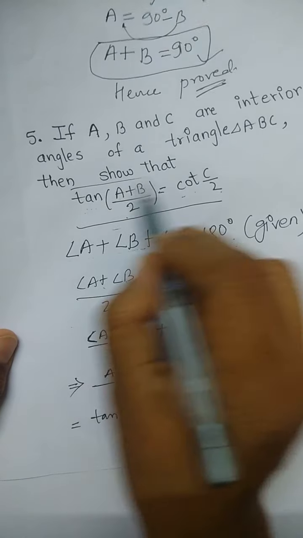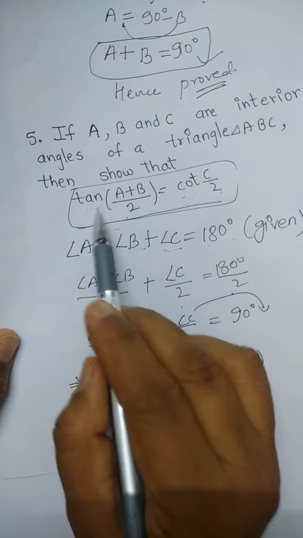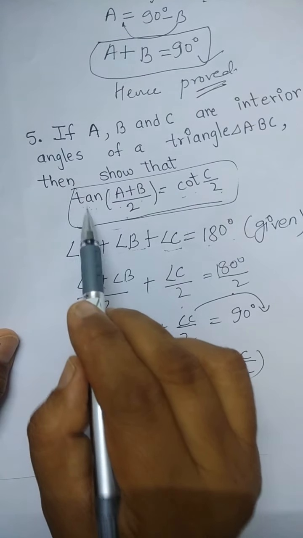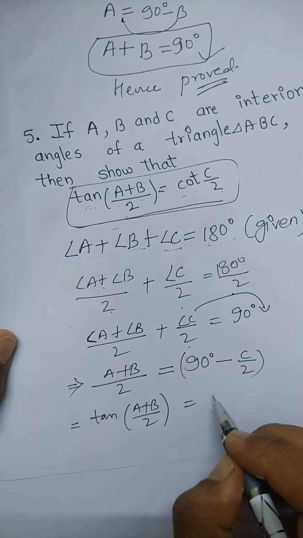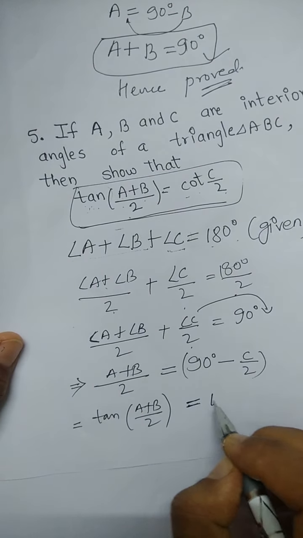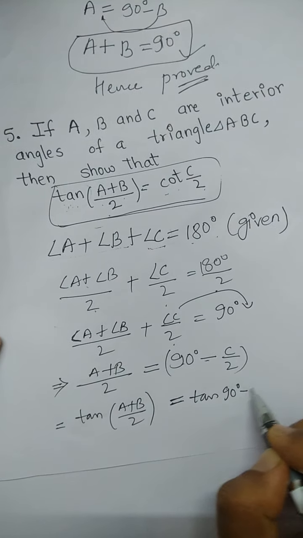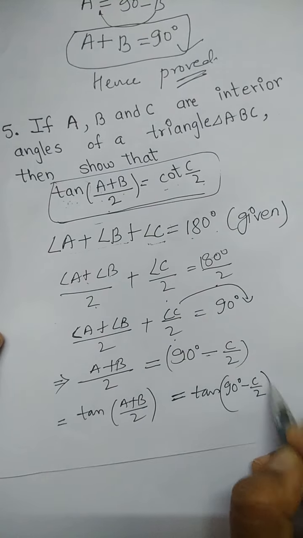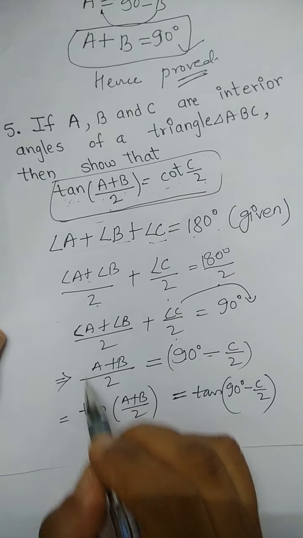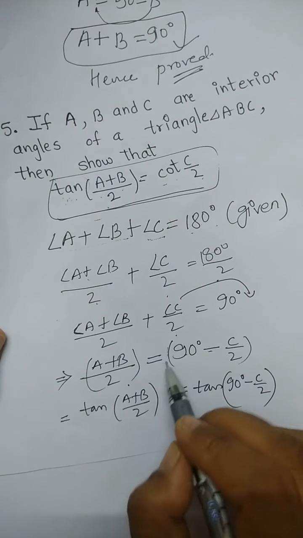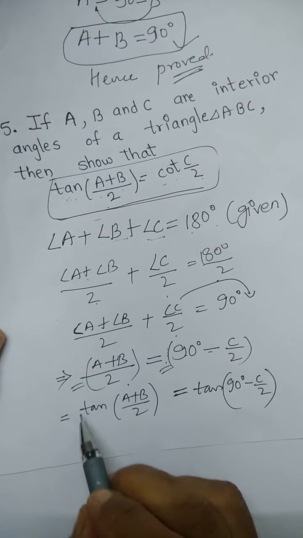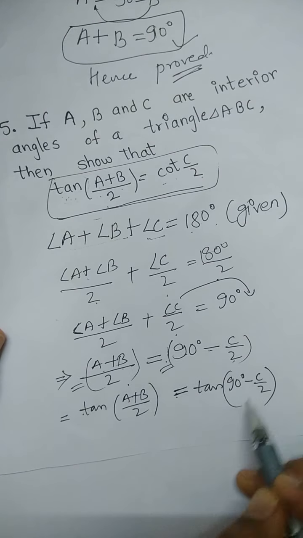In what we have to show, they have taken tan, so we have to take tan on both sides. Equals tan of (90 degrees minus C by 2). Here we have taken tan on both sides. Tan of this equals tan of this.